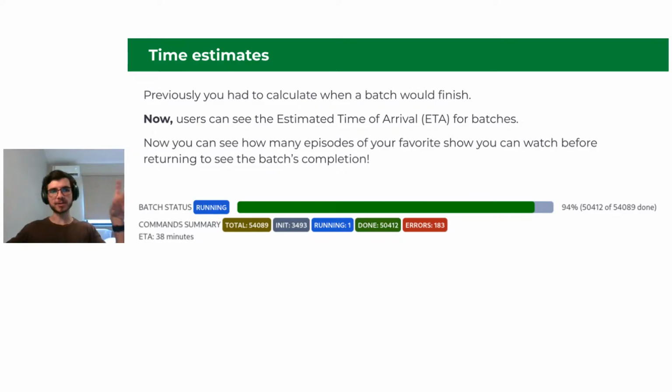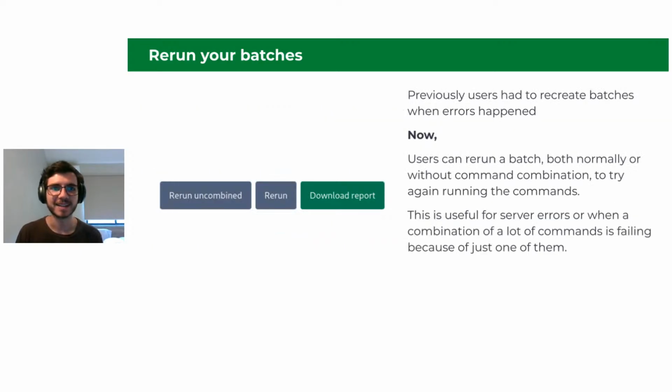In the batch status bar, it shows the total number of commands, commands running, commands finished, errors, and below that number of commands, we have the ETA, and it shows here, for example, 38 minutes. So you can wait 38 minutes before the batch completes. You can close your tab, watch one or two episodes, depending on how long the episode is, and come back to see the batch completion. So you can use the estimated time of arrival.